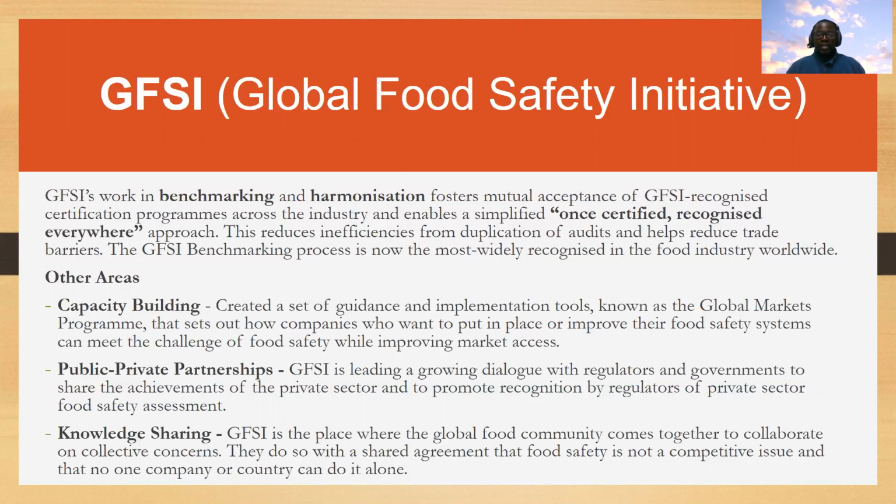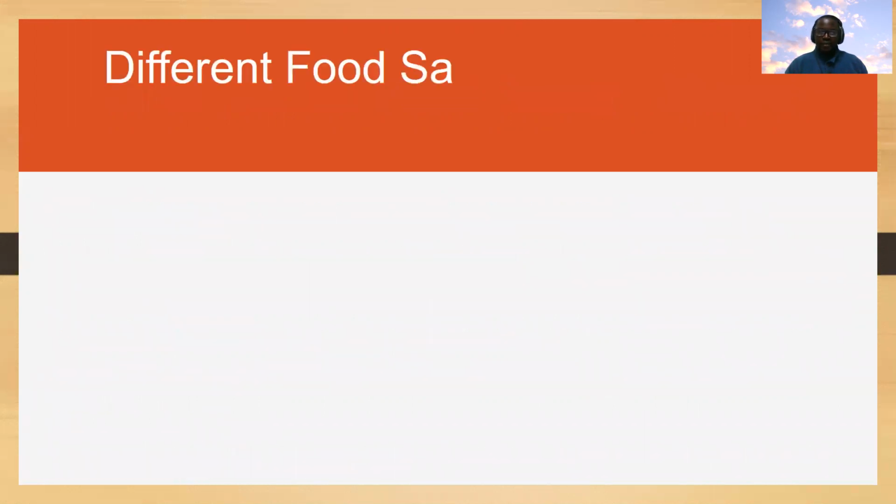It also has public and private partnerships, meaning that it communicates on a regular basis or consults with regulators, with governments, with the private sector, to ensure that all the aspects of food safety are properly included in the standards. So it ensures that information is up to date and keeps that line of communication between the interested parties. It's also a platform for the food community to communicate and share ideas.